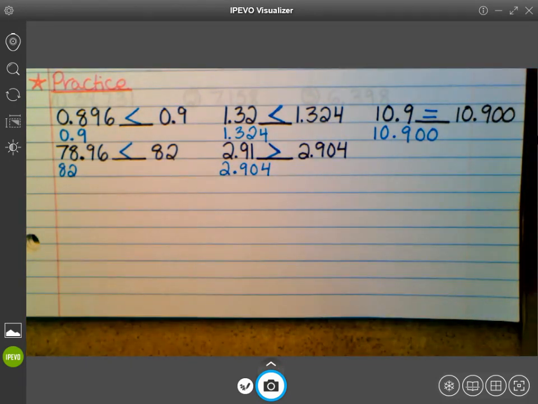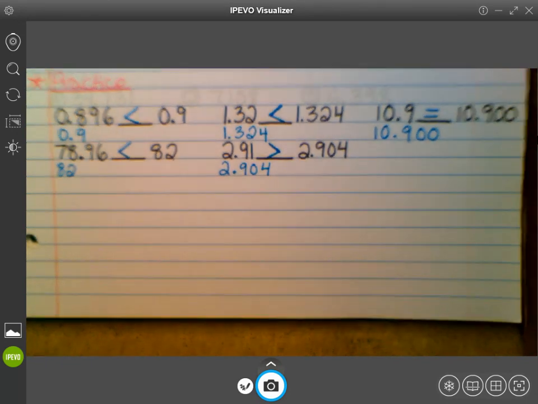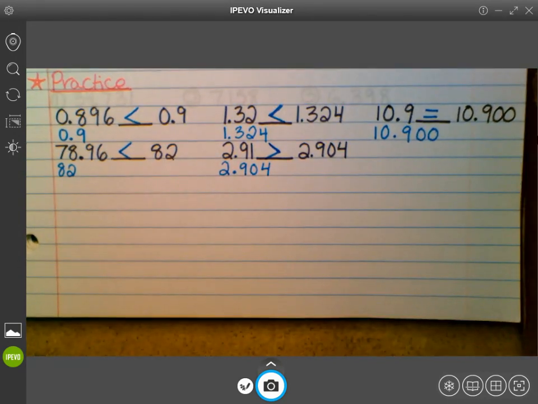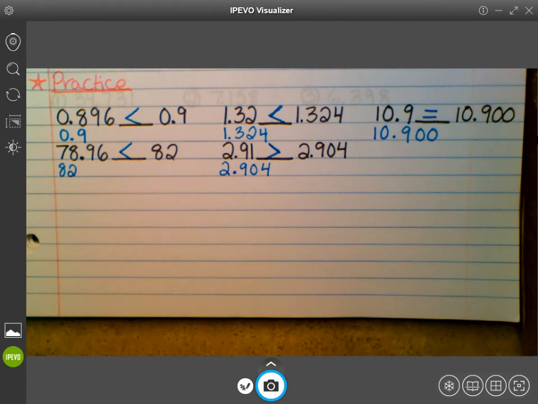All right, 5th grade, you are going to anonymously tell me how you feel. So close your eyes, put your heads down, cover your eyes. When I say go, you are going to think about how you feel when it comes to comparing decimal numbers. So greater than, less than, and equal to the decimal number.